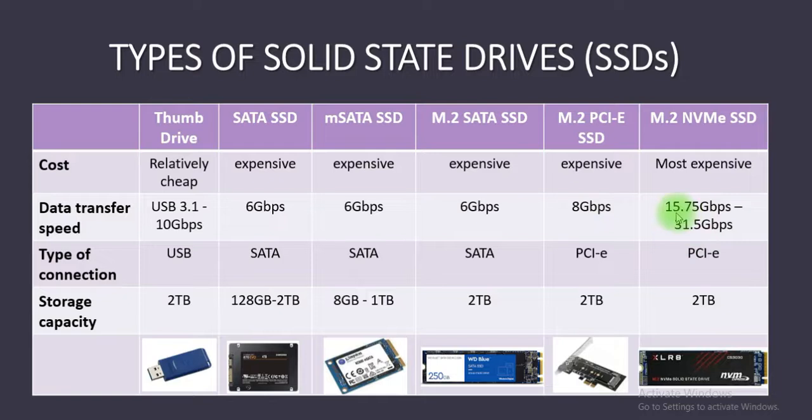This is like 15.75 gigabits to 31.5 gigabits per second transfer speed. Look at this in comparison to the thumb drive. The version 3.1 USB drive caps out at 10 gigabits per second.